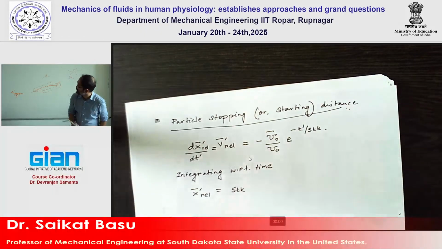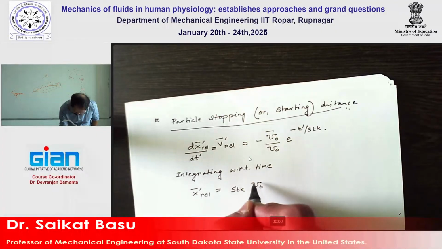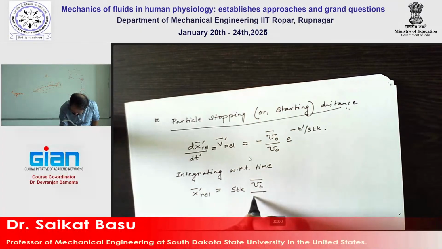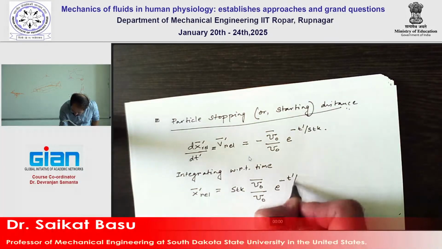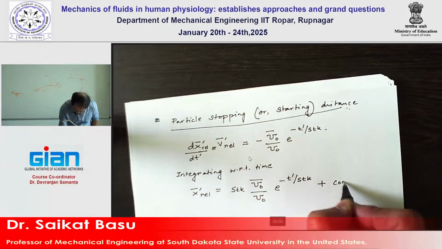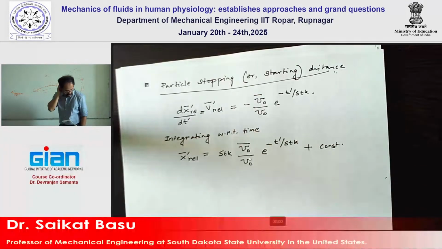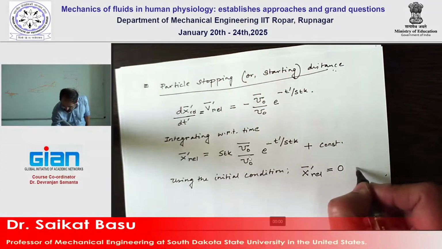The negative sign gets cancelled, so we get a positive cofactor u bar over u times e to the power of minus t prime over Stk plus a constant. Okay, so assume that it is 0 at t is equal to 0.